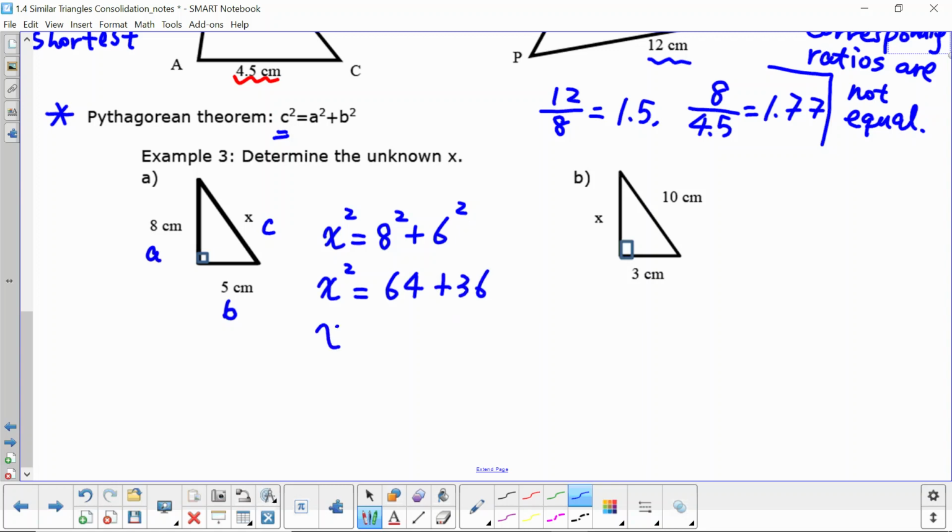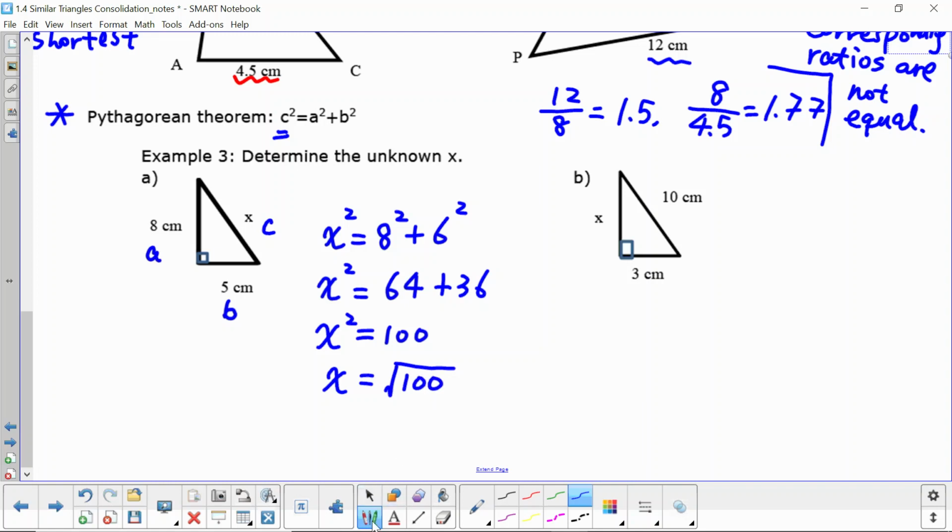Then we have x squared equals 100, and we want to solve for x. We don't want to see the squared. The opposite operation to squared is square root.